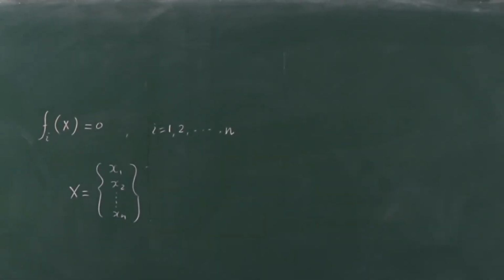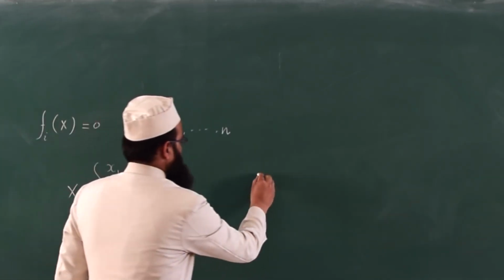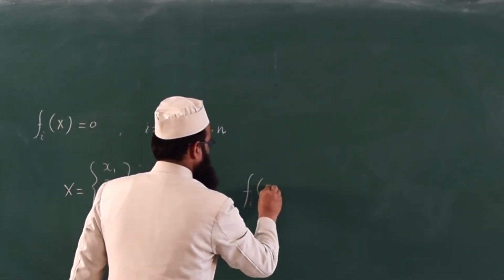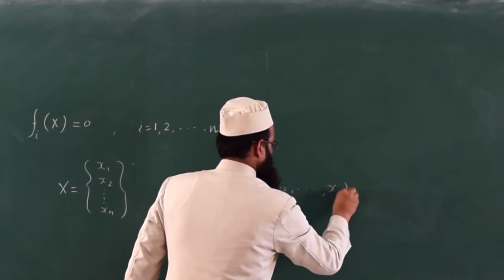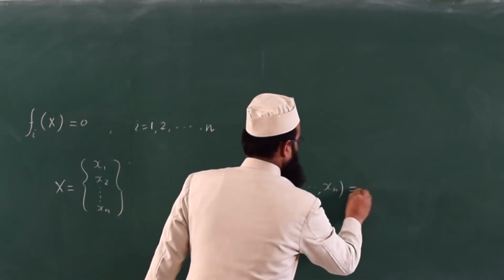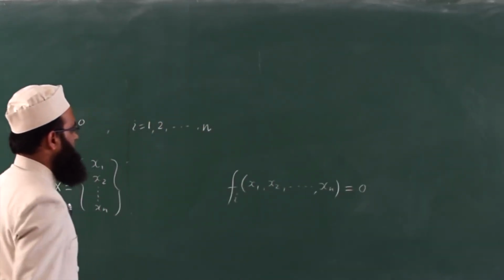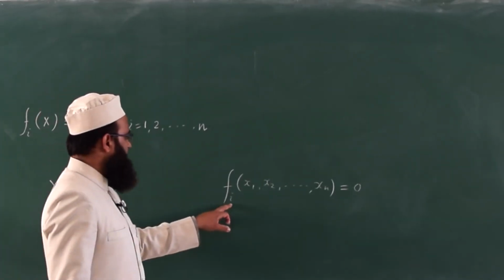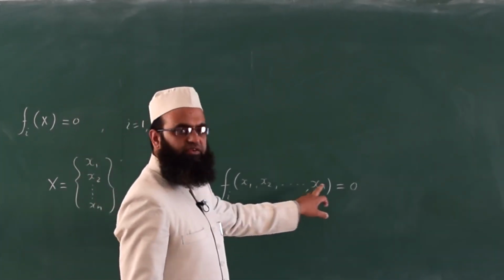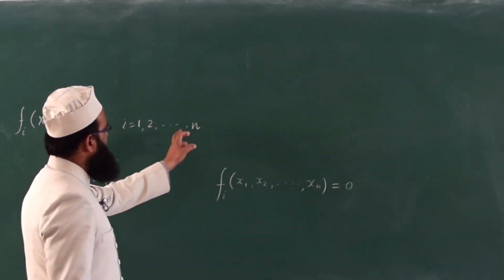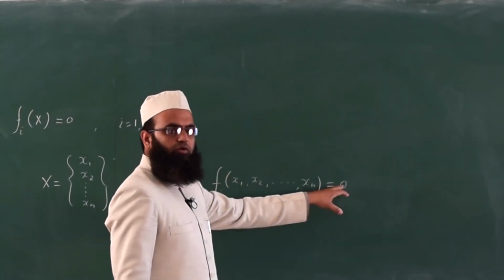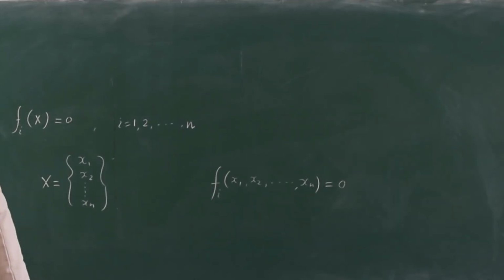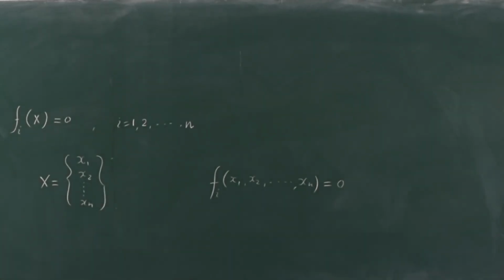The same algebraic functions can be represented as fi(x1, x2, xn) equal to 0. So for i equal to 1, we get f1(x1, x2, xn). Similarly, for i equal to 2, 3, n, fn(x1, x2, xn) equal to 0. So we have to solve these n functions using the Newton-Raphson method.